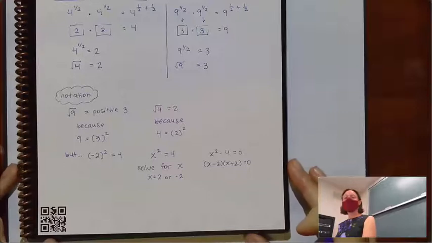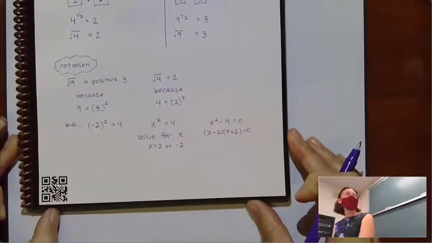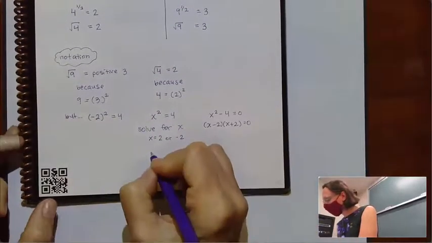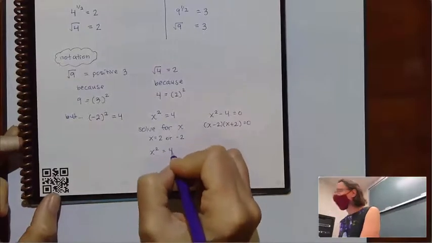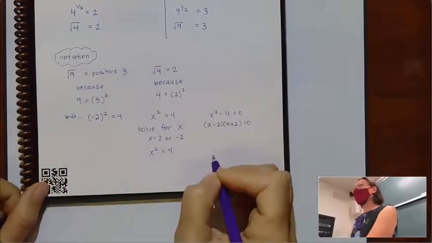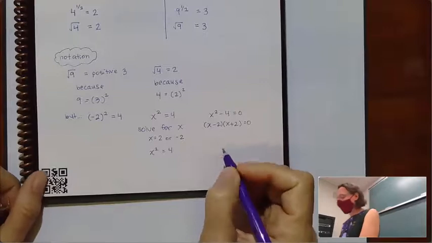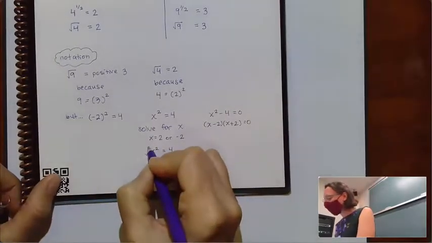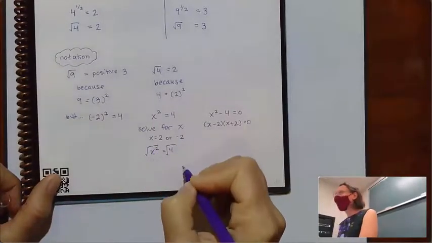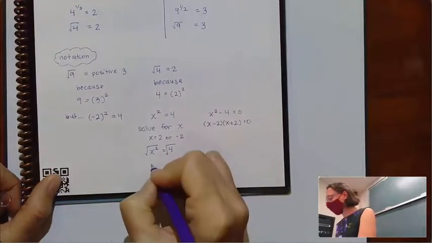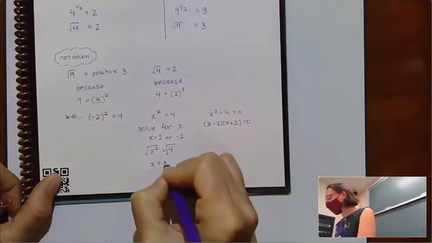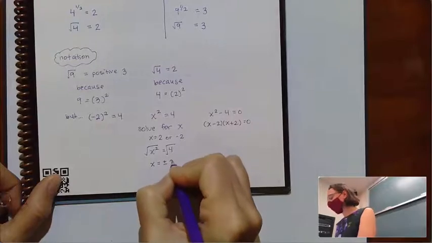But you could also take that x squared being equal to 4 and think about taking the square root of both sides. And when you do this in the act of solving it, that's when you have to remember that x could be plus or minus 2.